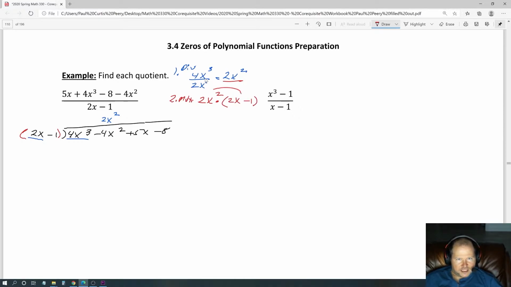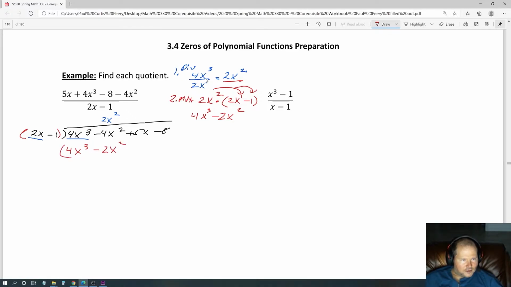So 2x squared times 2x: 2 times 2 is 4, and x squared times x to the first power is x to the third. Then we distribute to the negative 1, which gives negative 2x squared. We put the result of this multiplication on the bottom: 4x cubed minus 2x squared.